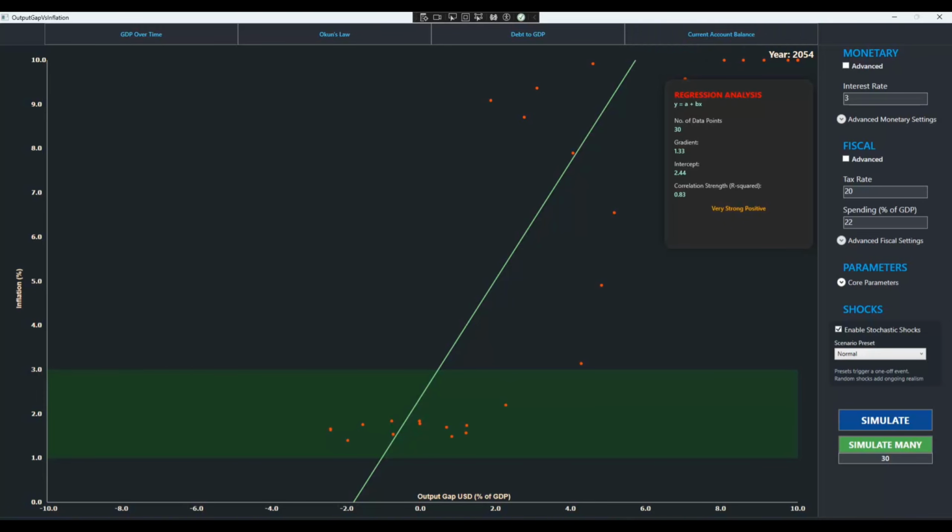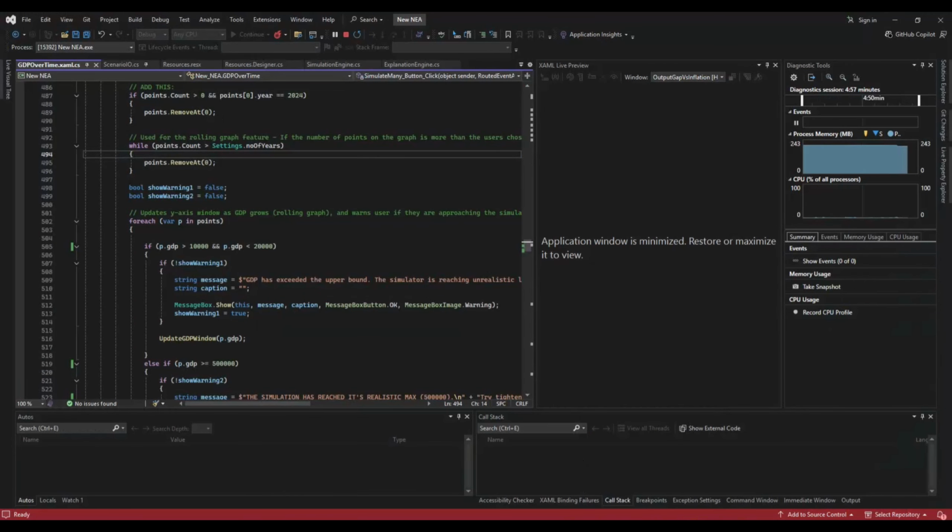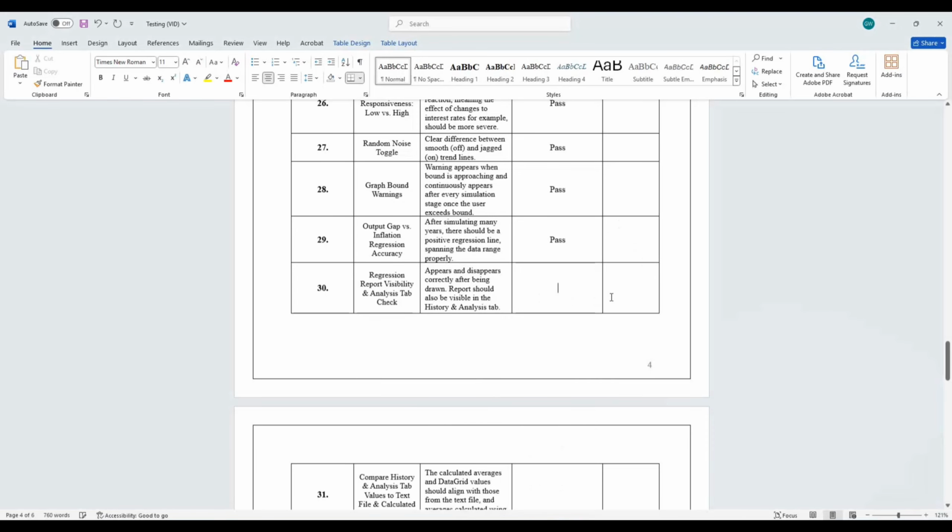So if we go to where the x variable is 0, we go up and then extrapolate horizontally. You can see that the intercept's around 2.5, 2.4, which matches up with intercept here 2.44. So we can confirm the accuracy of the regression model, and we can mark test 29 as a pass.